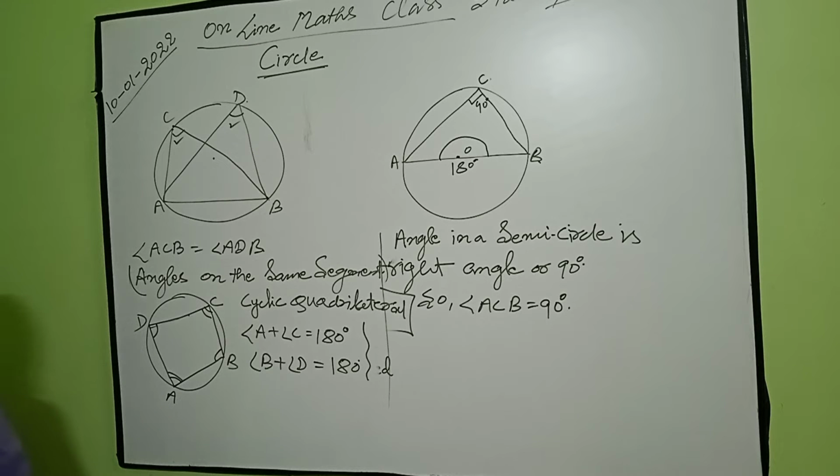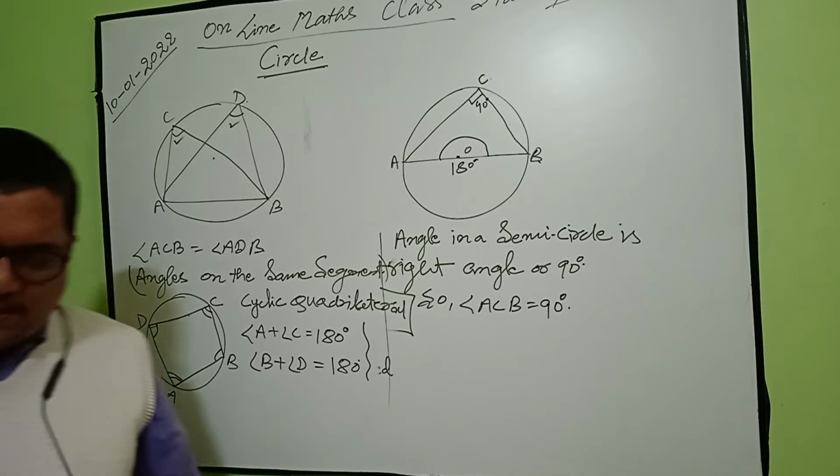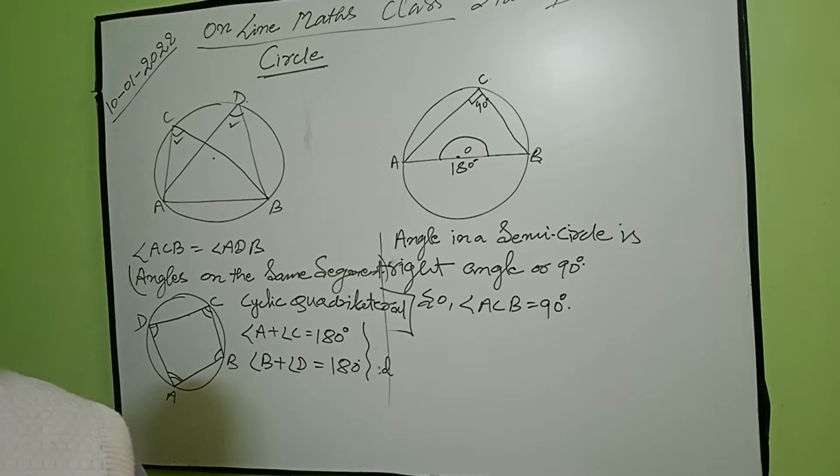Angles on the same segment of a circle are equal, and opposite angles of a cyclic quadrilateral must sum to 180 degrees. Completed?